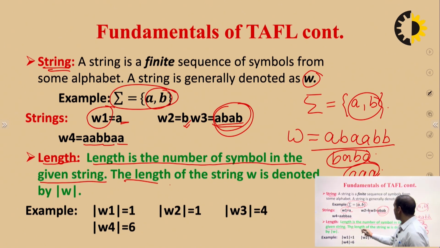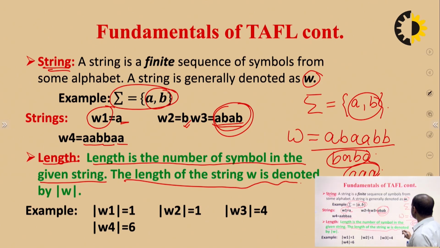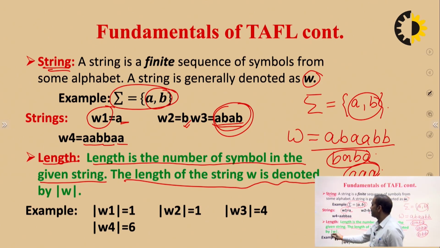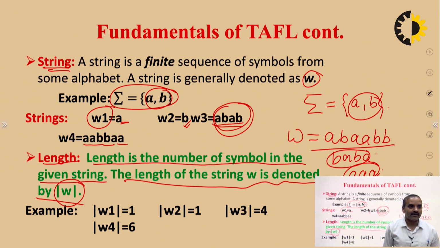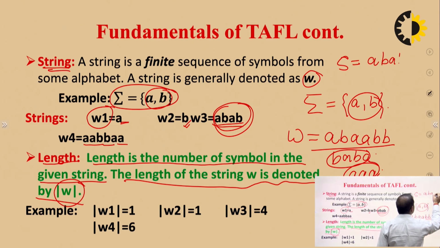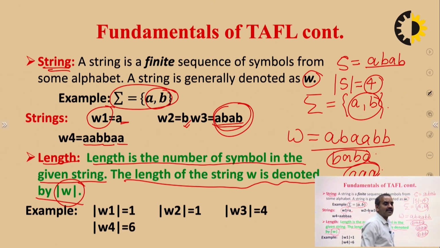The length of the string W is denoted by mod of W. This is the notation used to represent the length of the string. Consider a string S equal to AB. We want to find the length of string S. Then we write mod of S equal to 4. This 4 is the number of symbols in the sequence.